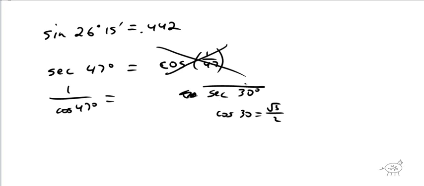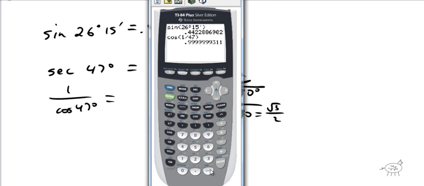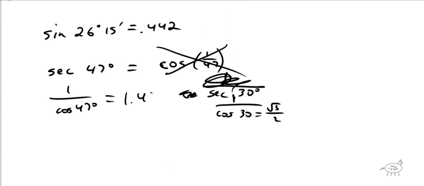So you do 1 over cosine of 30. That's why secant of 47 is 1 over cosine of 47. In your calculator, you type in 1 divided by cosine of 47. Hit enter, and you get 1.466. And that's your answer. 1.466.